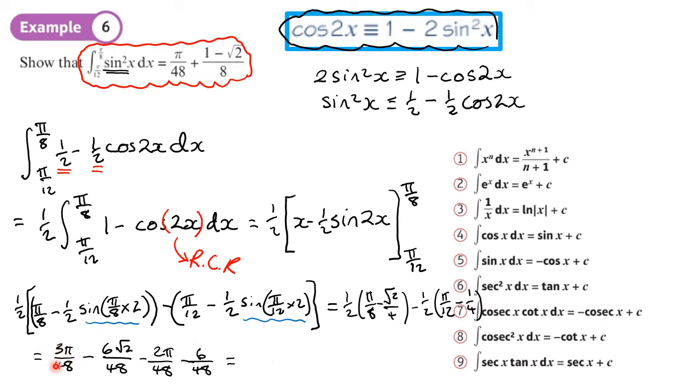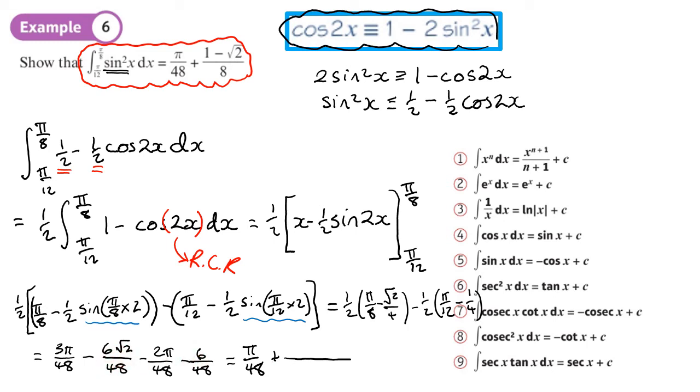So I've got 3 pi over 48 minus pi over 48, which just leaves pi over 48. Now they've got a plus sign, so I'm going to put a plus sign in here. That does mean it's going to swap what I have up here, because actually I've got a negative 6 root 2 over 48.